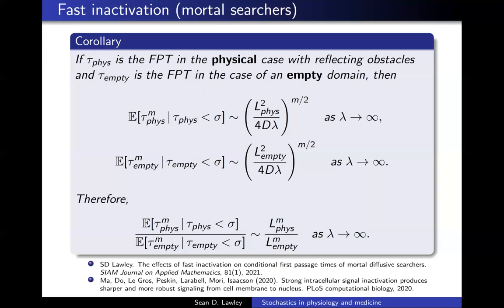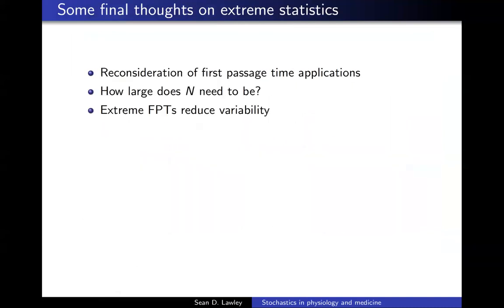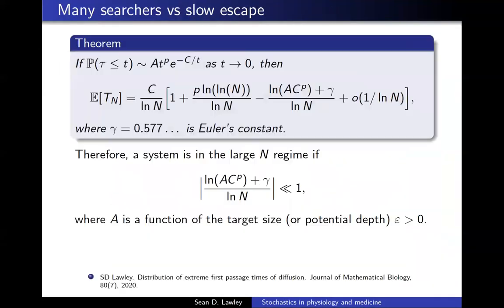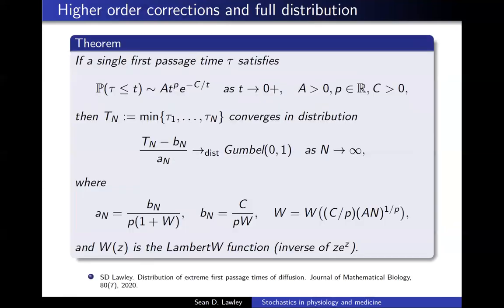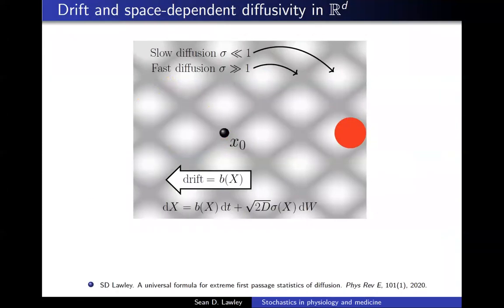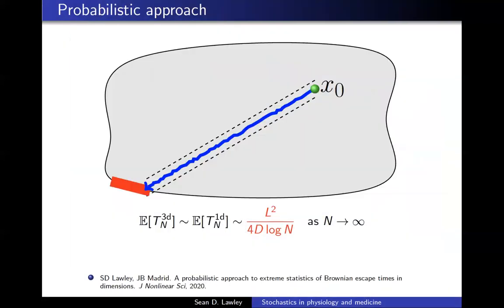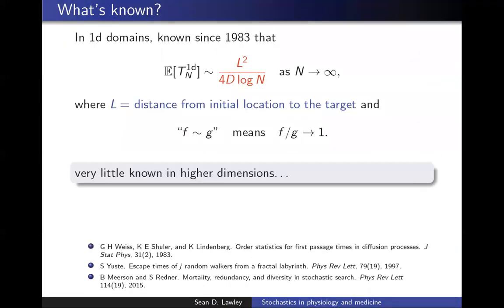I'm not sure it's known, but this reference which I gave earlier, this PRL reference by Redner and Meerson, is another nice piece of work that motivated a lot of what I talked about. Sorry to flip through all these slides, but I just want to put it up. The bottom of this slide: mortality, redundancy, and diversity in stochastic search.